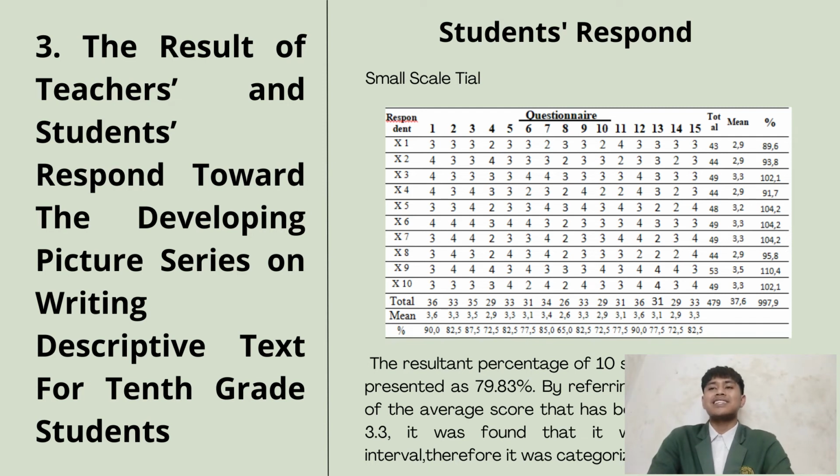By referring to the classification of the average score presented in table 3.3, it was found that it was in the 63 to 80% interval. Therefore, it was categorized as good.